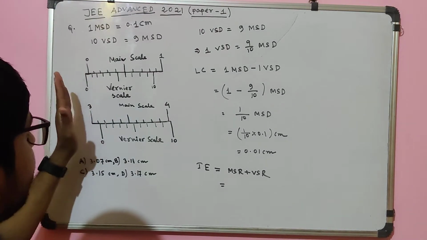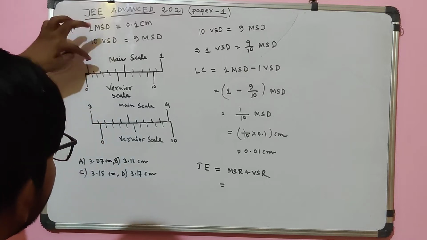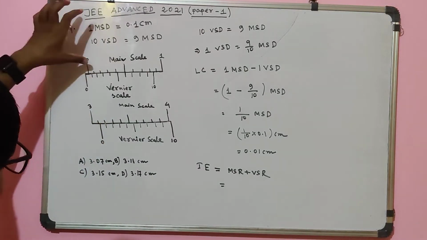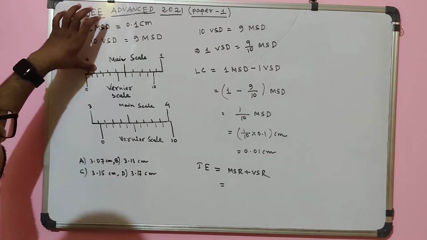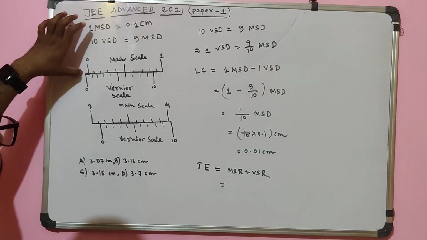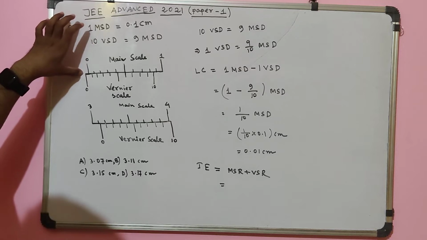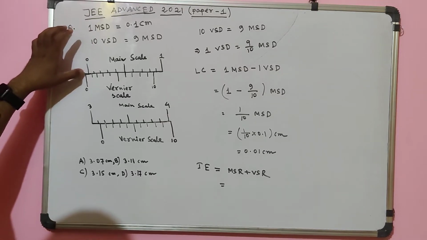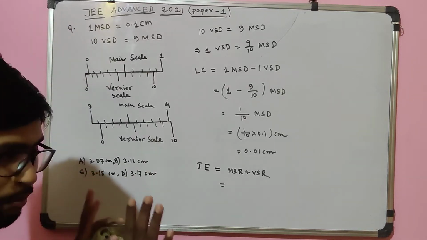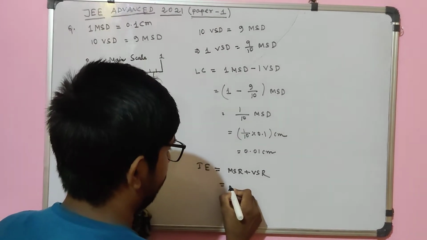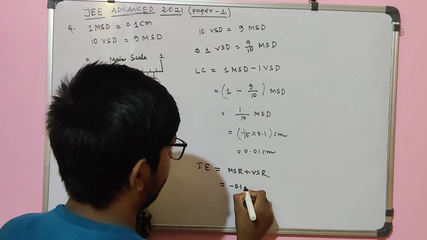If we go to the right side, it will be plus 0.1, so somewhere here it will be minus 0.1, and this 0 is just crossing this minus 0.1 centimeter. So I can write the main scale reading as minus 0.1 centimeter.